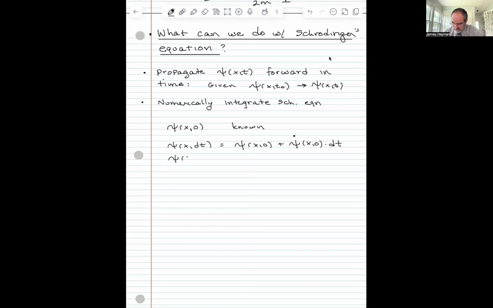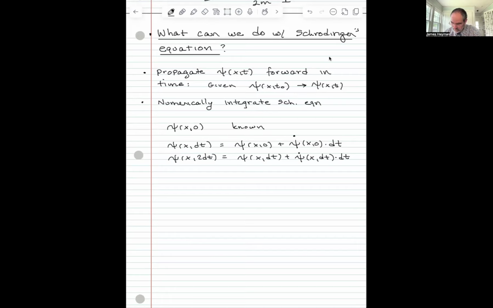Then we can find the wave function a moment after that by repeating the process. Okay?